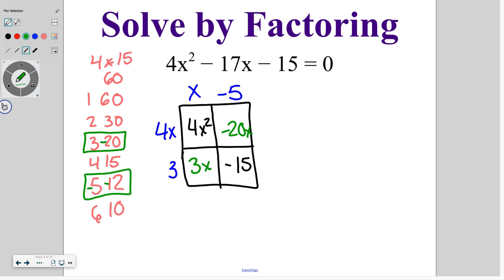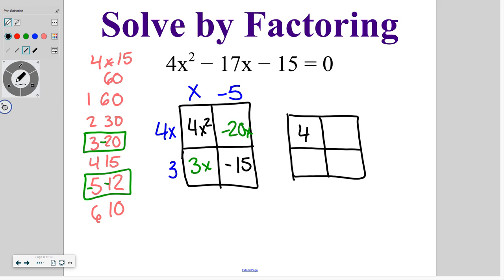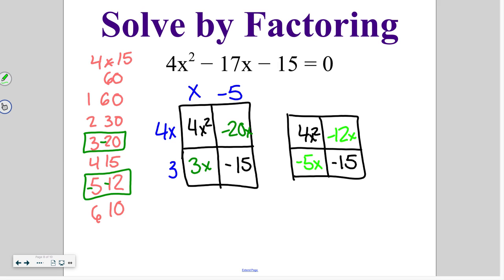If I had gone through and accidentally selected the wrong pair, so if I had used the negative 5 and the negative 12, what I would have gotten when I completed my box was a different answer. So negative 5 and 4 have an x in common.